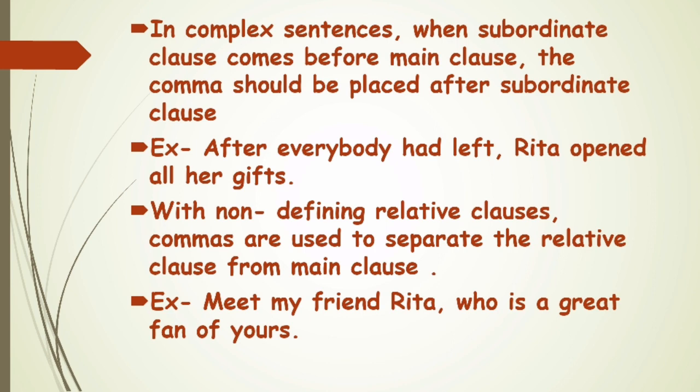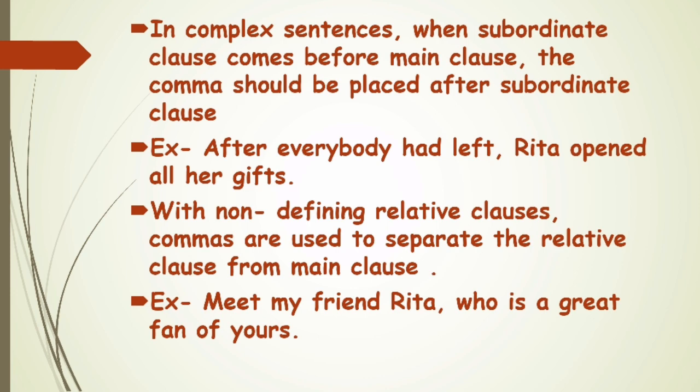So when the subordinate clause comes before the main clause, you have to use a comma after the subordinate clause. Like: after everybody had left, Rita opened all her gifts. Here, after everybody had left is the subordinate clause, and after that you have used a comma and then the main clause.